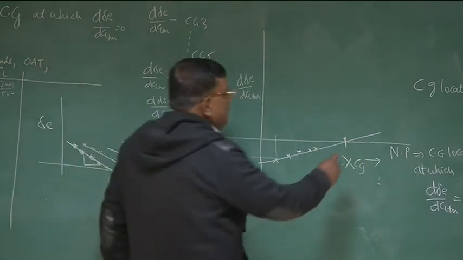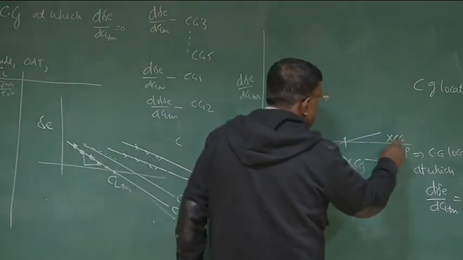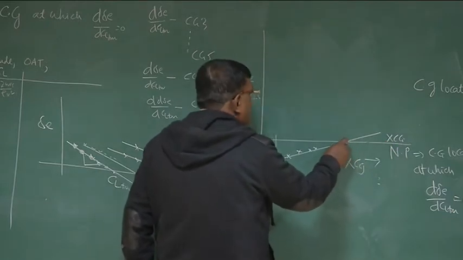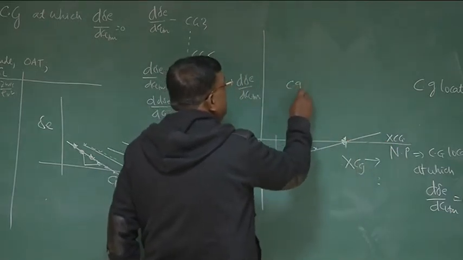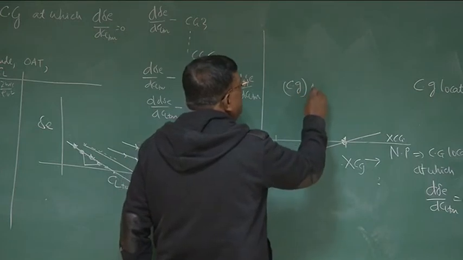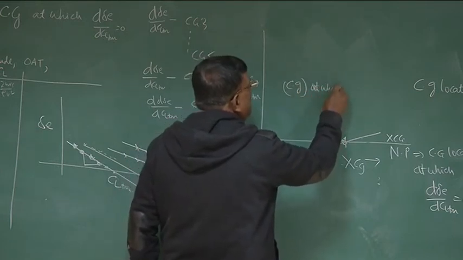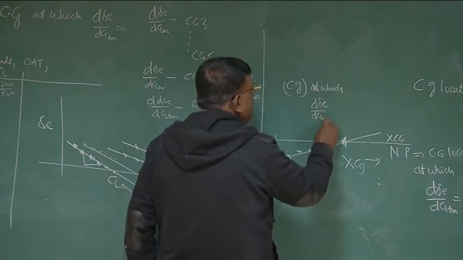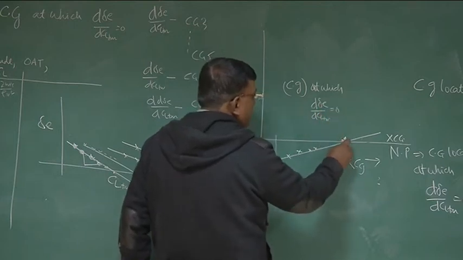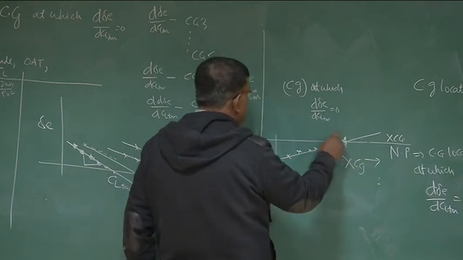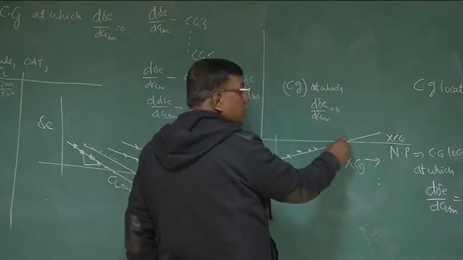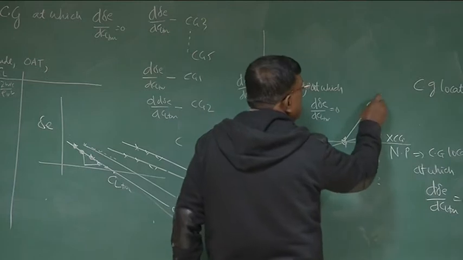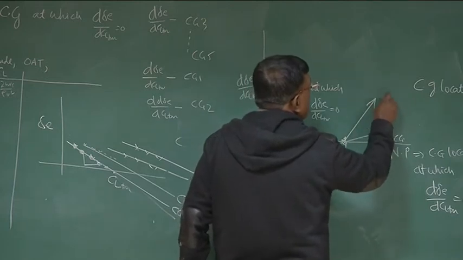This is the CG location. I'm plotting xCG. So this is the CG location at which d delta E by dCL trim is becoming 0. CG location at which d delta E by dCL trim is becoming 0. So this CG location is the neutral point stick fixed.